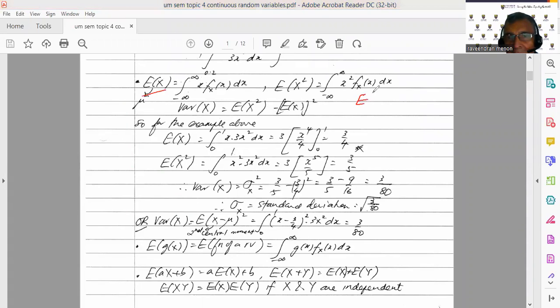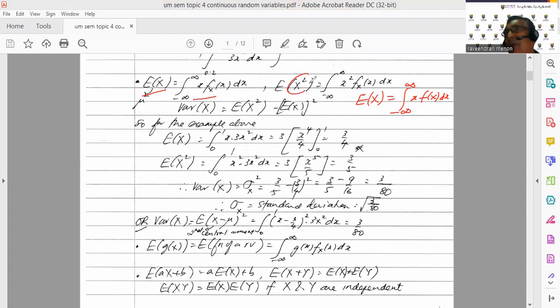The first moment is always the integral of x f(x) dx. All you need to do is just take care of the limits. So to cover the general case, let's write it as minus infinity to positive infinity. That's what you see here.